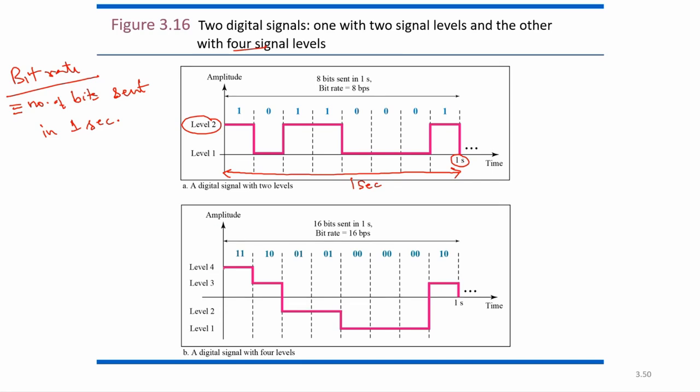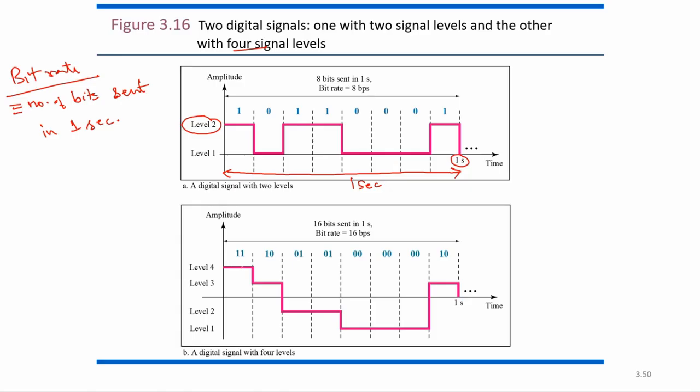The second type of signal is the digital signal with 4 levels: level 1, level 2, level 3 and level 4. If 4 levels are there, 2 bits are required for each level.